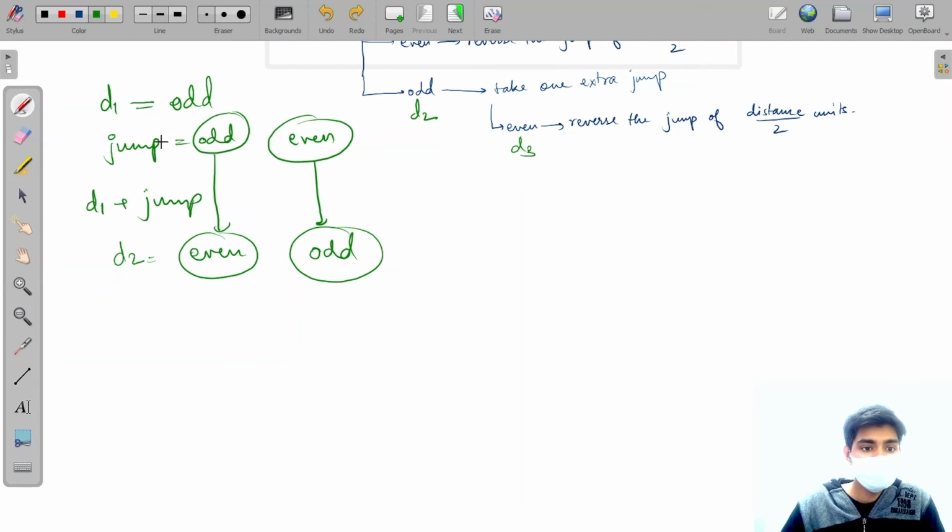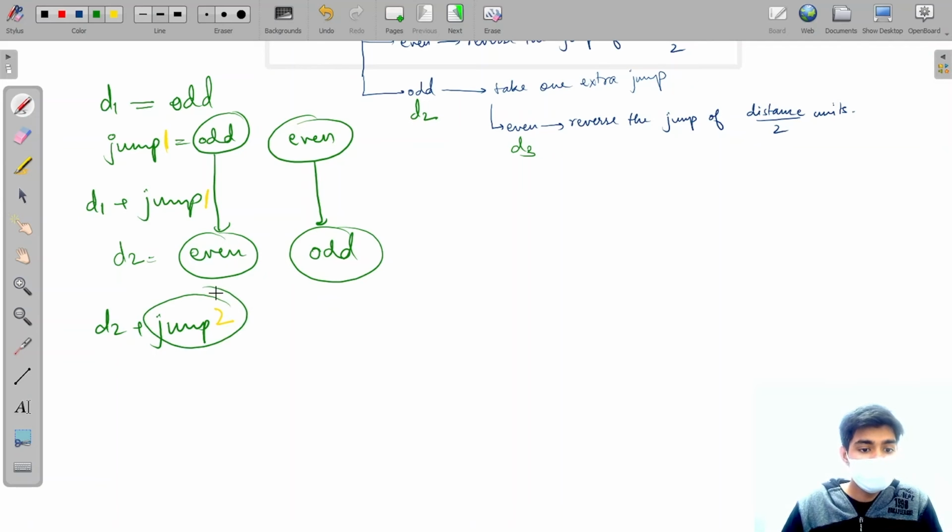The first, let's call this jump 1. But now I will take d2 plus jump 2. Since these are consecutive, the difference between jump 1 and jump 2 is just 1 unit.